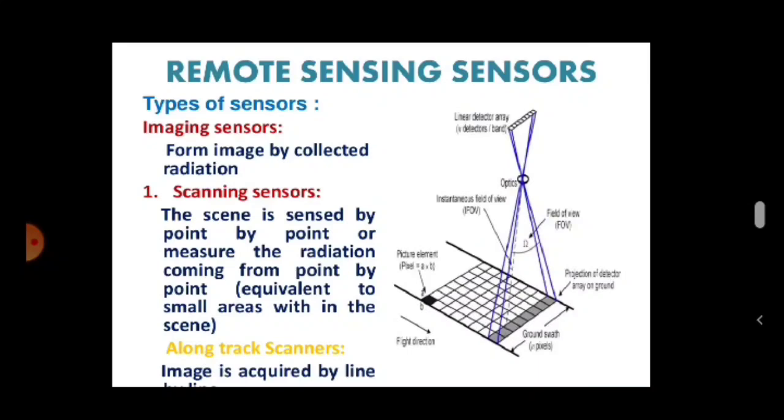And these scanners have a lens system which is pushed along the flight track direction as well. The array scanning system here has no moving optics, which is one of the advantages of these things. And the sensing element is a linear array of several detectors. These detectors are called CCD.